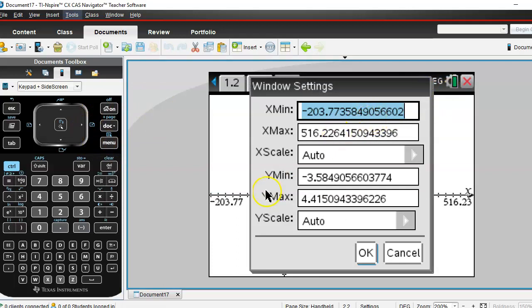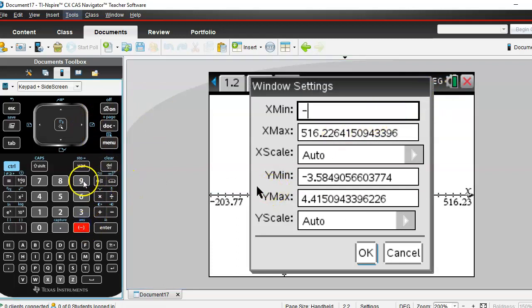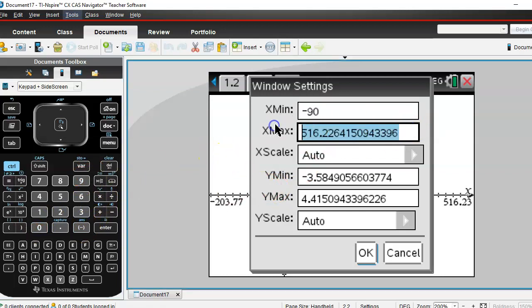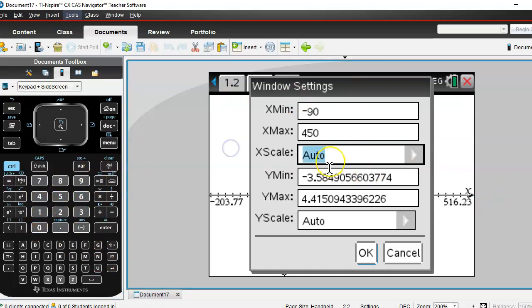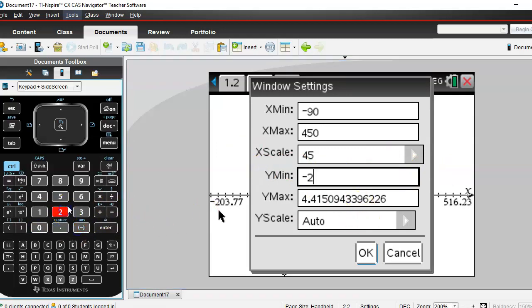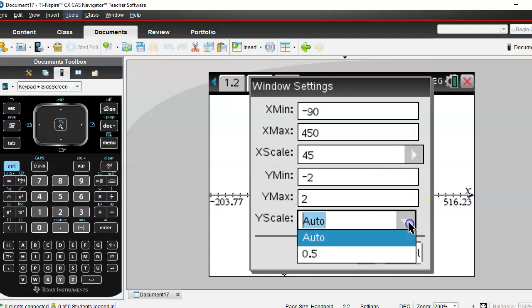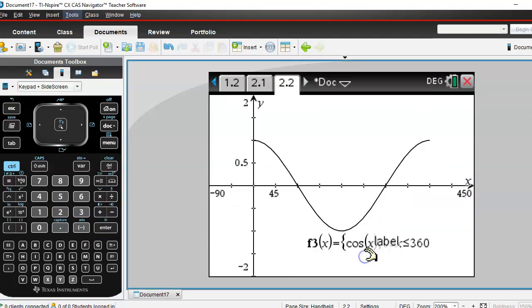Okay, I can move that and see it all, and now I can also, in my window settings, that looks a bit ugly, -90, make that positive 450, again 45, -2, +2, let's have that as a half really.